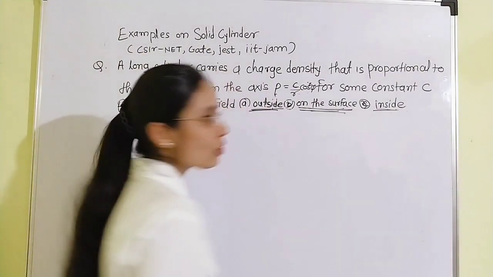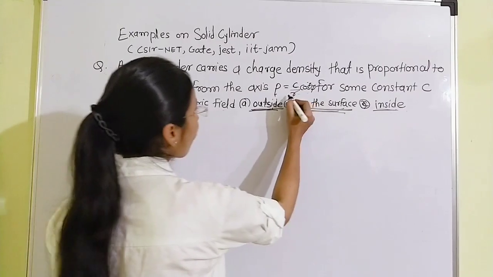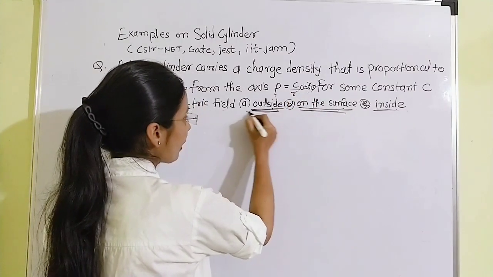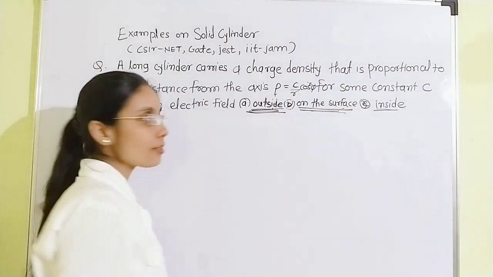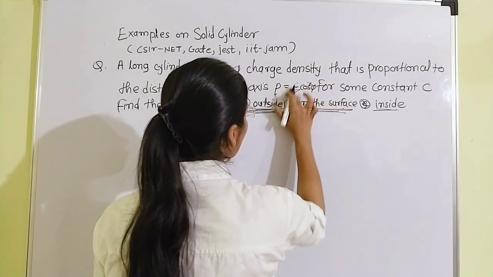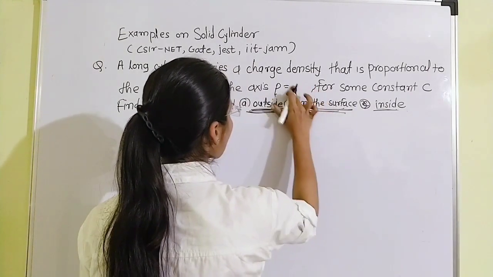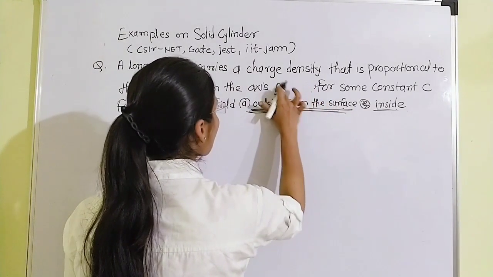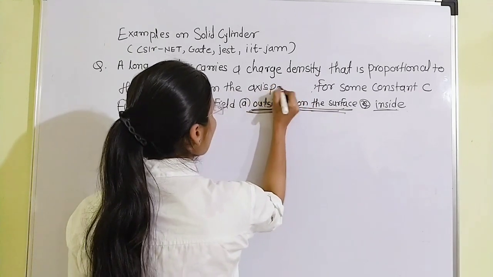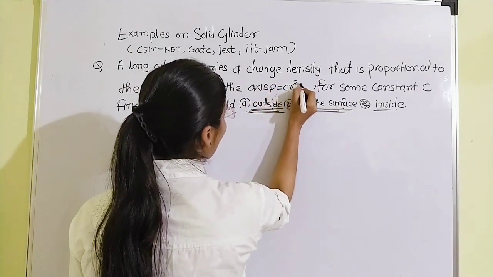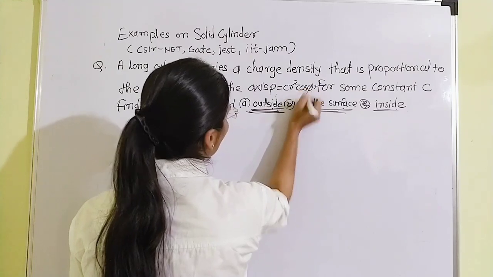So again we change the value of rho, and we will find the electric field outside, on the surface and inside. So the value of rho is equal to C R square cos phi. Okay.